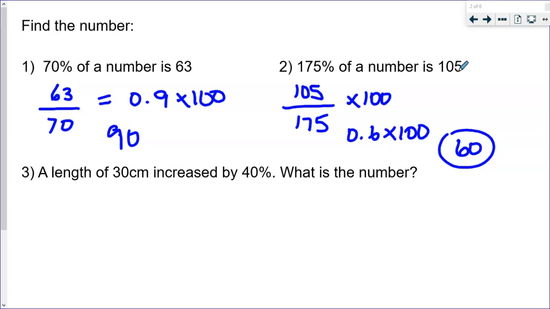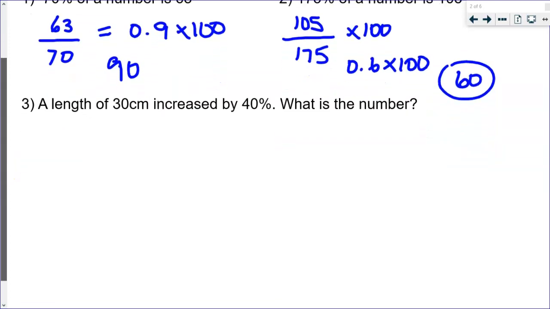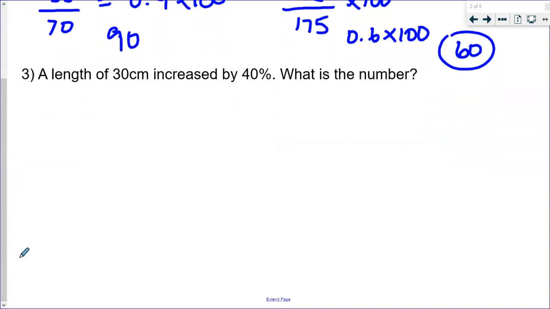A length of 30 centimeters increased by 40%. What is the new number? All right, there's two ways to do this. We can take the increase. We know it increased by 40%, so we're going to take 40% of 30. Now this is going to be familiar from the last lesson.